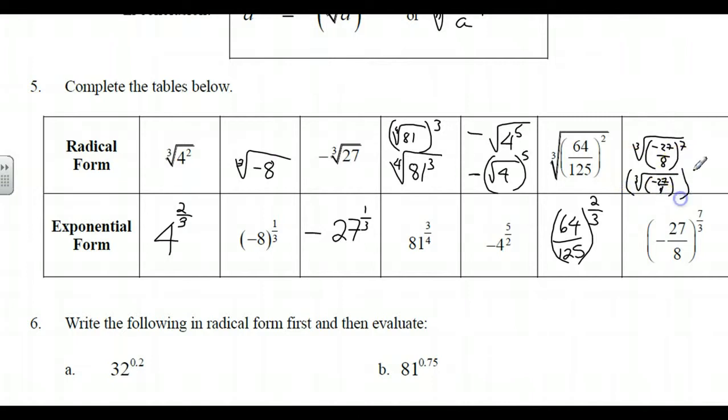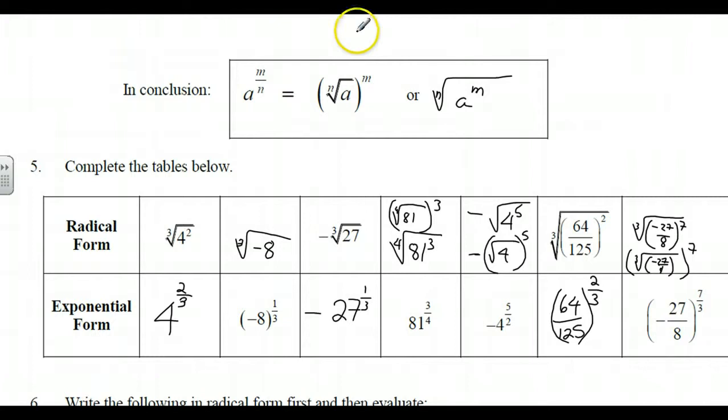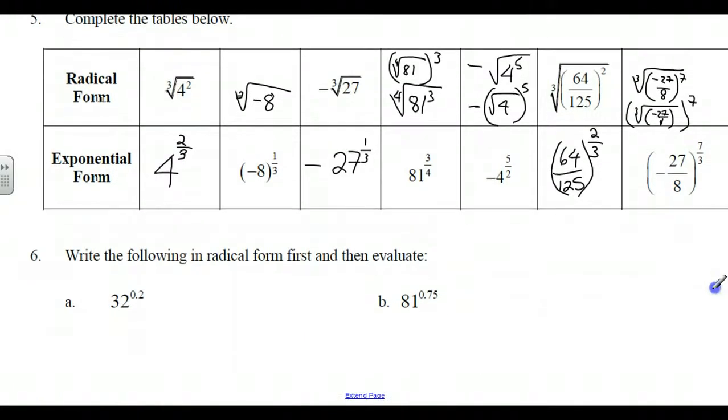So we're going to do the root first, then raise that to the 7th power. Right, so we can work these either way, right, just like above here. We can take the nth root of a and then raise that to the power of m, or we can raise a to the m and then take the nth root. And it just really depends on what we're doing.